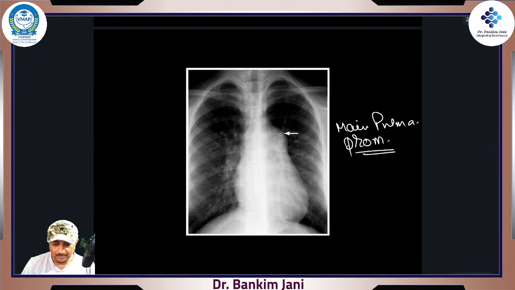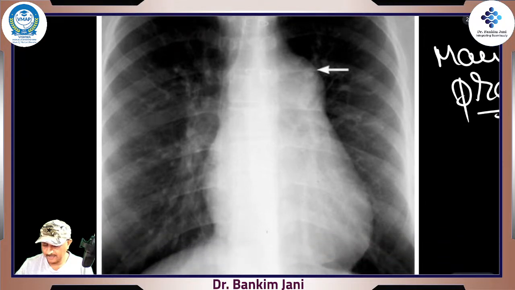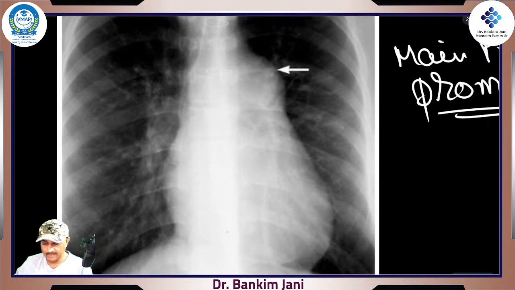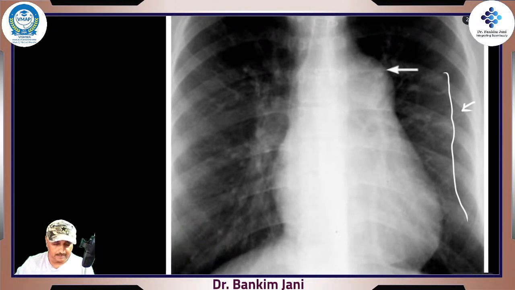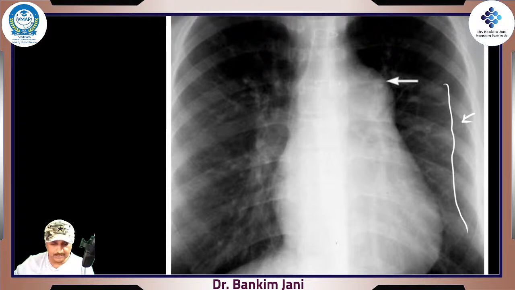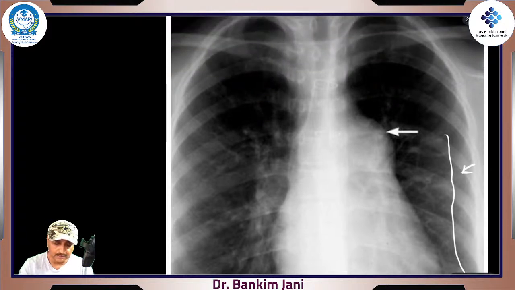But the bronchovascular markings are classically absent over here. See, they are only up to this point, nothing over here. Similarly, on the opposite side, they are seen only up to this point, nothing seen over here.